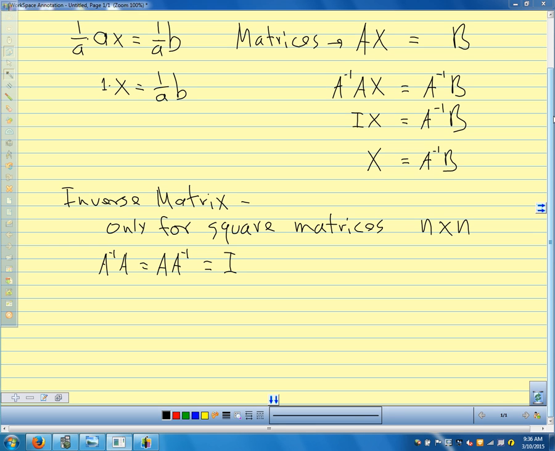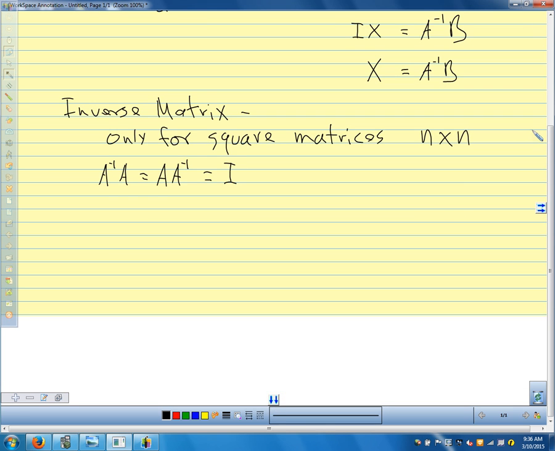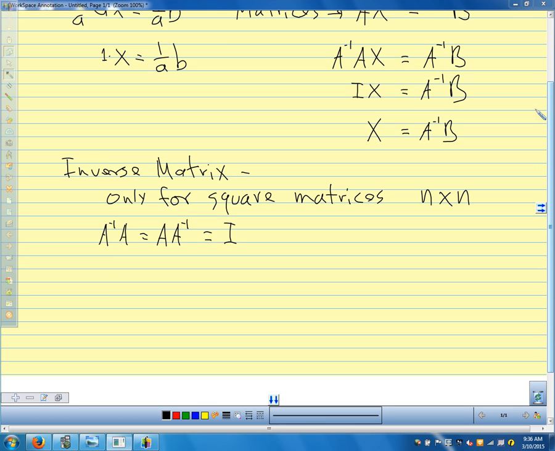So that's how we know when we have an inverse matrix. We can multiply it by the original matrix and see if we get the identity. So some of your homework problems will say, for example, show that B is the inverse of A.